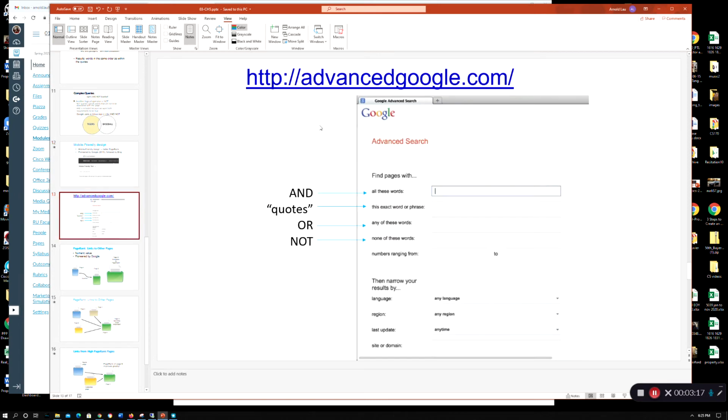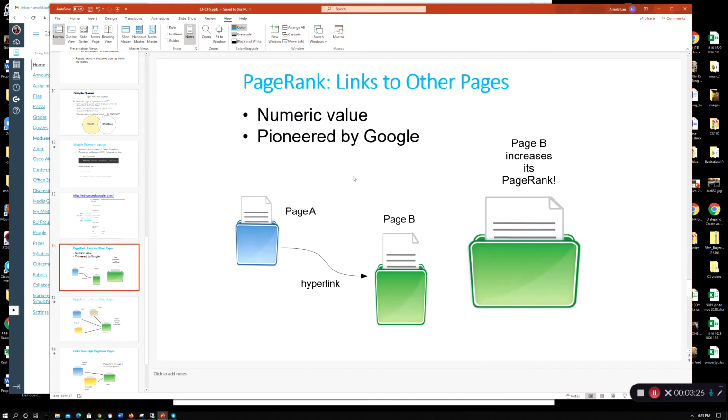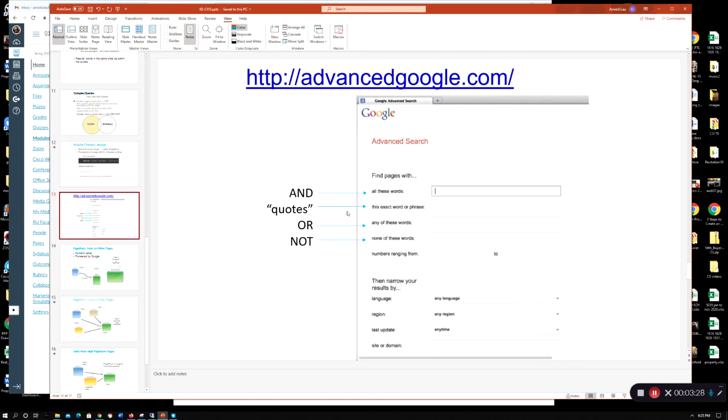This is what I was saying for the advanced search. I think it's easier to just go to the advanced google.com search if you want to put in those types of searches. Very rarely do I actually have to use these advanced searches. I pretty much just use the and on my searches, but it's good to know this is available.